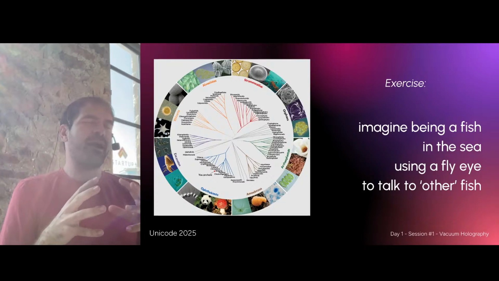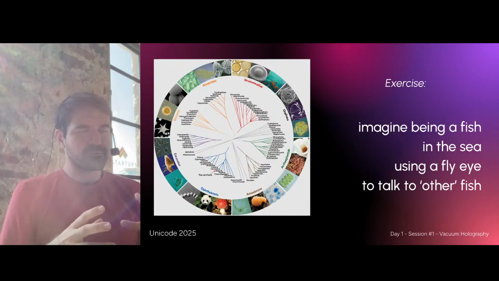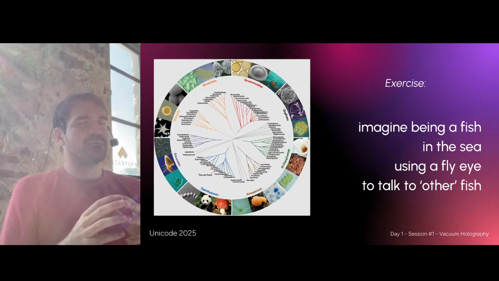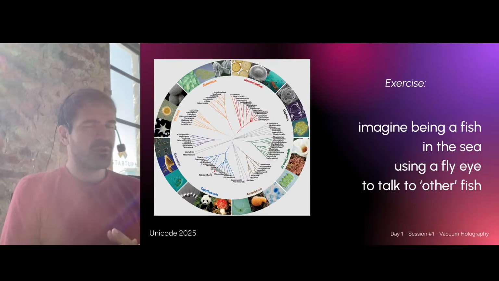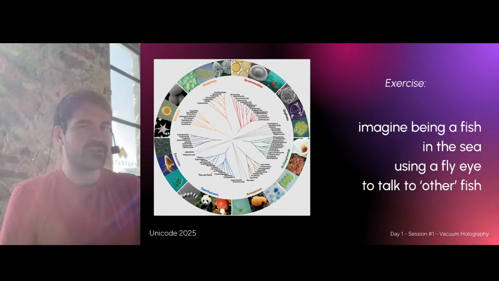And I want you to imagine using a fly eye, so what you were looking at earlier, to talk to all of the "other" fish. So you're a fish in the sea, but you're using a fly eye to talk to itself. That's why every single time you're interacting with another fish, you're interacting with yourself, because you're holding that fly eye of consciousness.